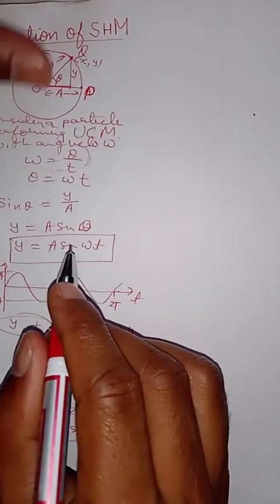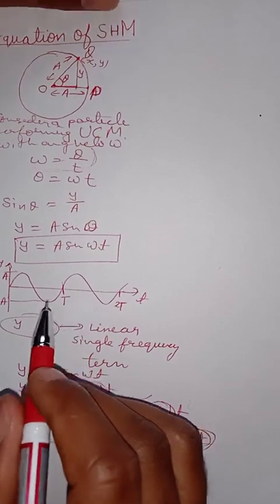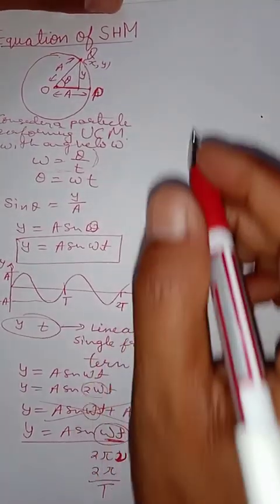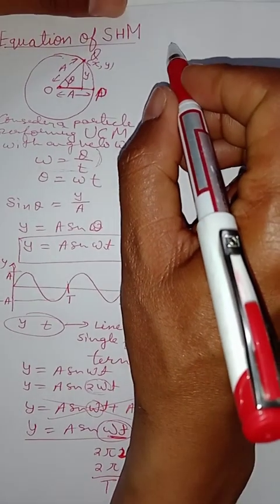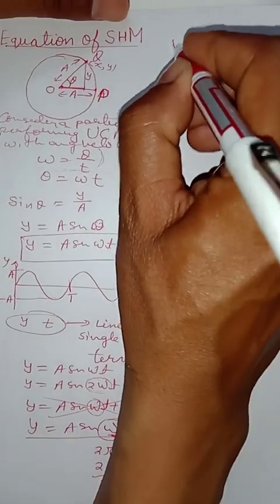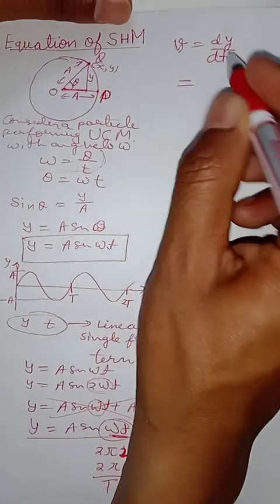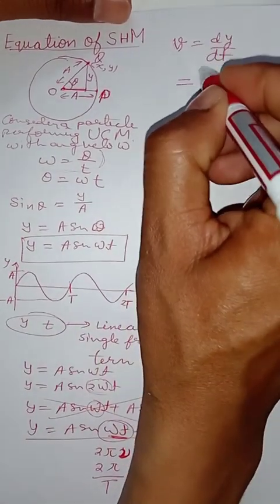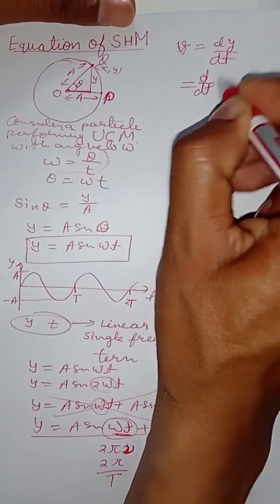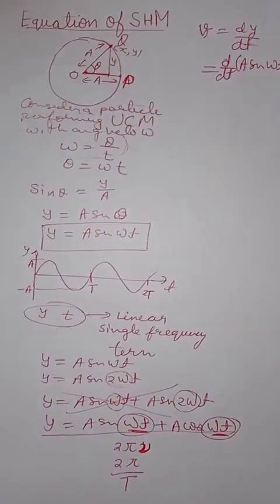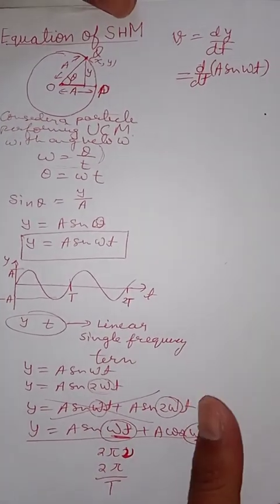If this is the displacement time equation, then its yt graph will go like this. And if they ask about velocity of particle, then velocity will be dy by dt, differentiation of this. So it will be d by dt of a sine omega t or cos omega t, whatever you have considered.